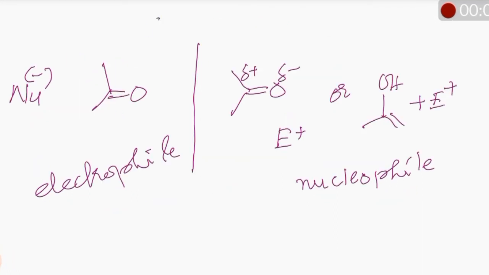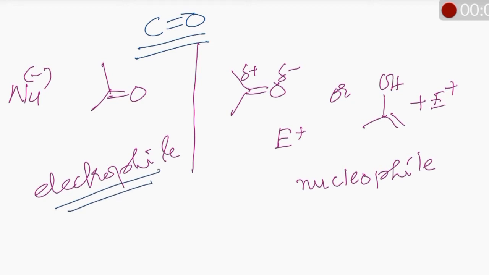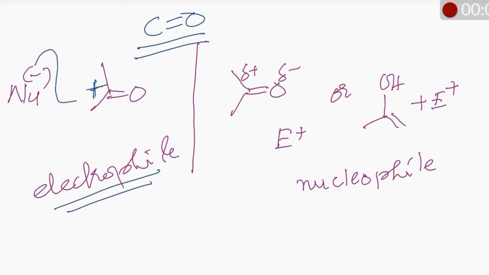We have to look at the carbonyl part as well. Due to the polarization of this CO bond, it can act as an electrophile at the carbon center, so that the nucleophile can attack over here, or as a nucleophile, or it could be a base.